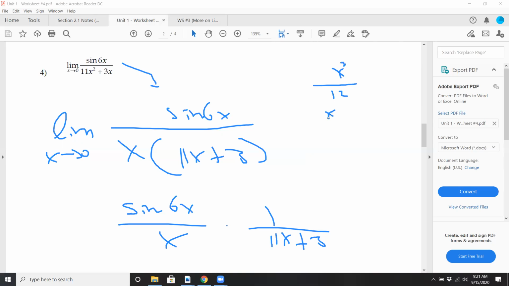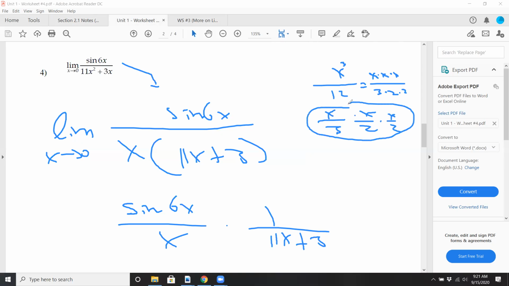I could write as x times x times x up top. Down below I could write as like 3 times 2 times 2 if I so desire. So I could write as x over 3 times x over 2 times x over 2. That's totally a fair thing to do. This is the same exact thing as that. So you could totally break up the fractions as a product, as long as things are being multiplied together, right? And you factor stuff out.